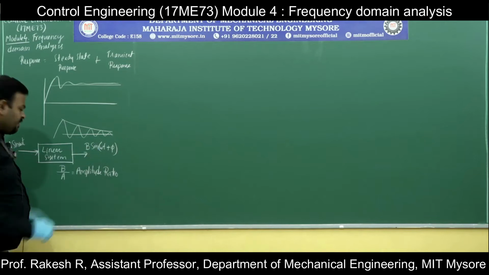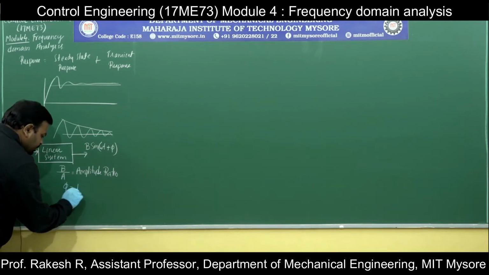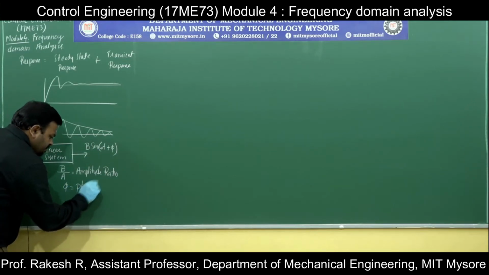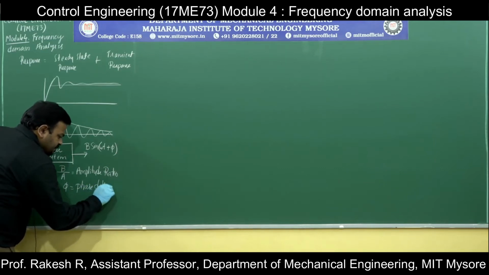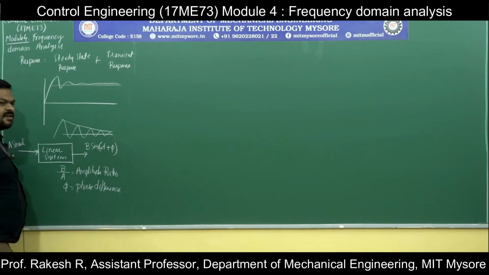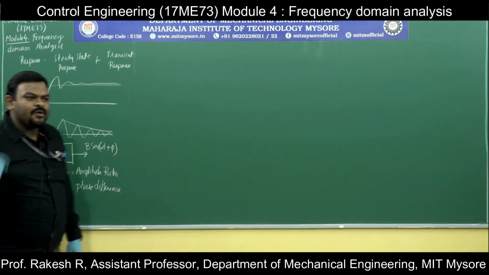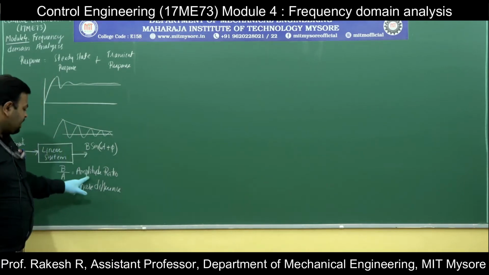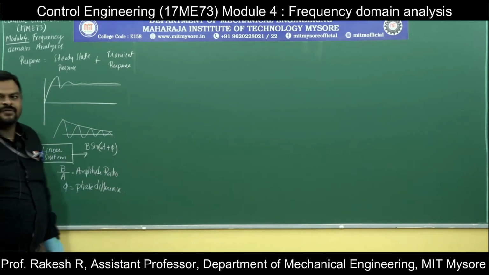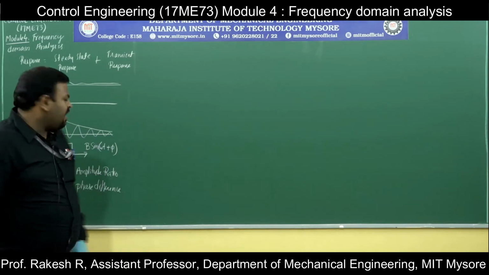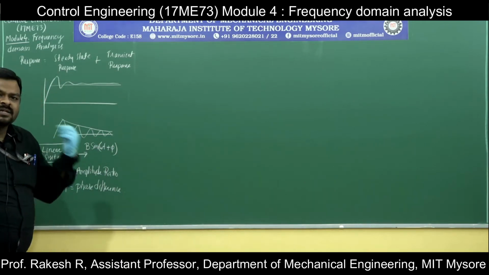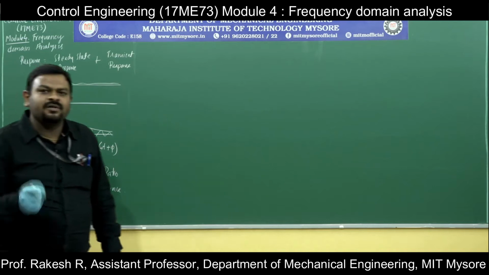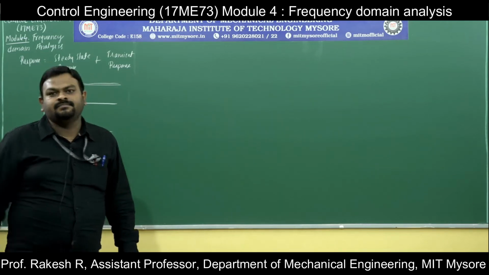Then phi is the phase difference. In other words, we will be calculating the magnitude and phase angle for the plot, and the response of the system is calculated based on the frequency domain.